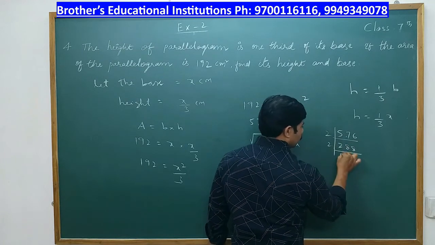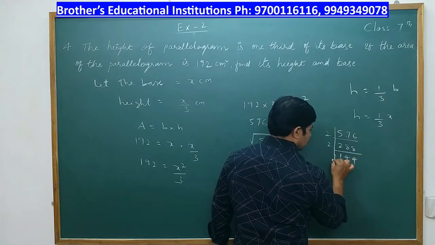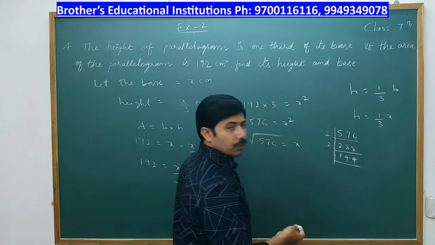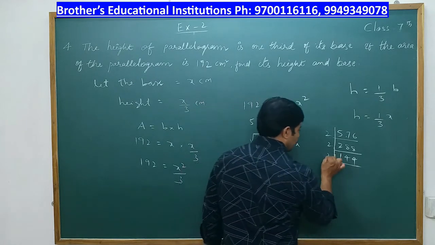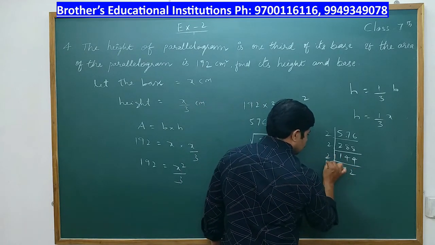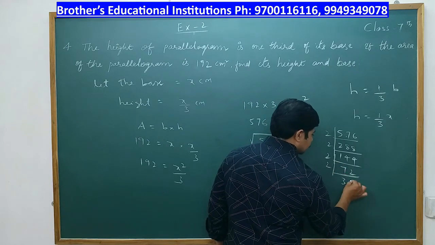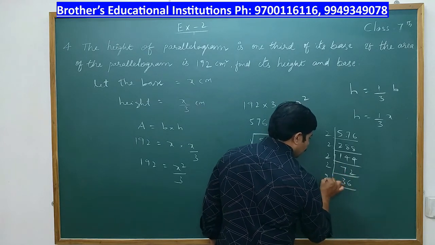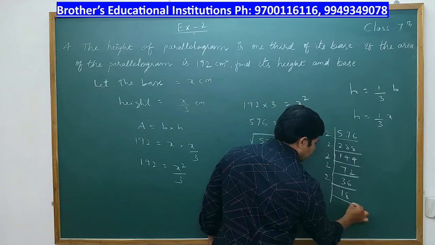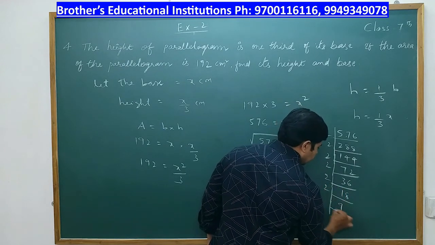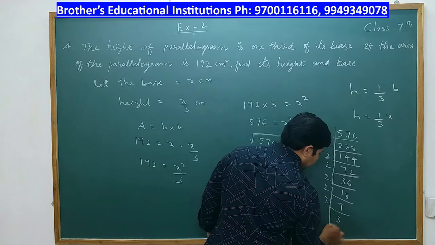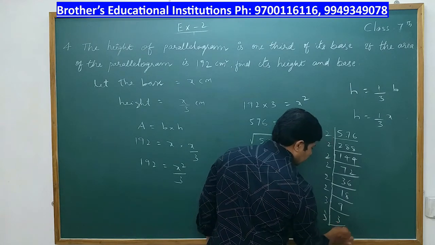So again 2 1s are 2, 2 4s are 8, 2 144s are 288. Again 2 7s are 14, 2 2s are 4, 2 3s are 6, 2 6s are 12, 2 18s are 36. 2 9s are 18, then 3 3s are 9, then 3 1s are 3.